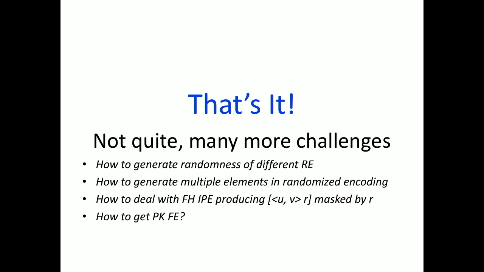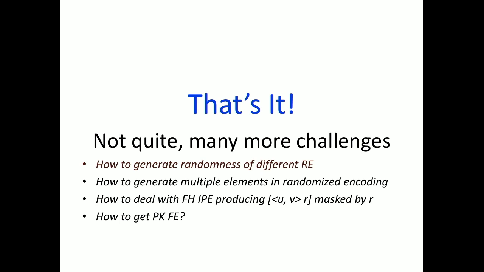It actually computes the inner product masked by some random scalar, which, if you think about it, really prevents further computation on top of it. Also, we would like to implement a public key functional encryption for NC0 as opposed to secret key. But so far, all the components I use are function hiding IP. They're secret key primitives, and they definitely do not give you a public key primitive.